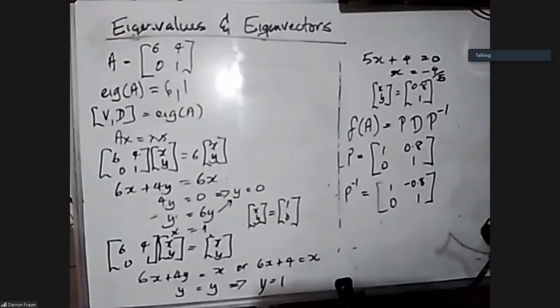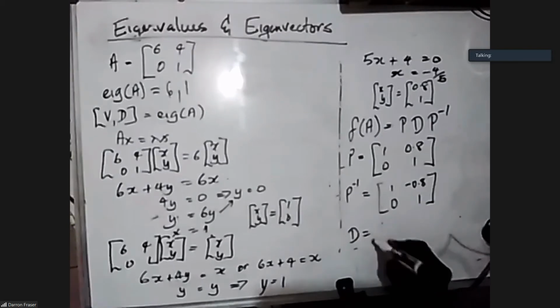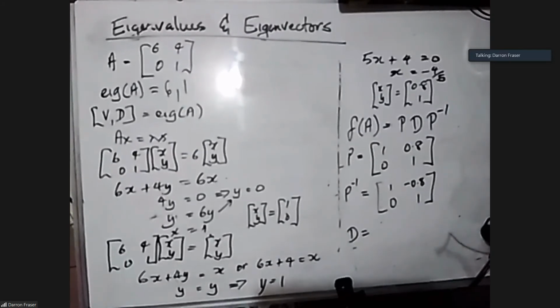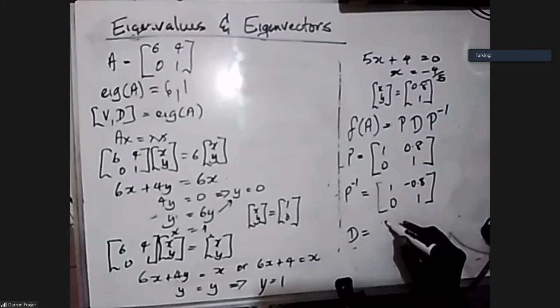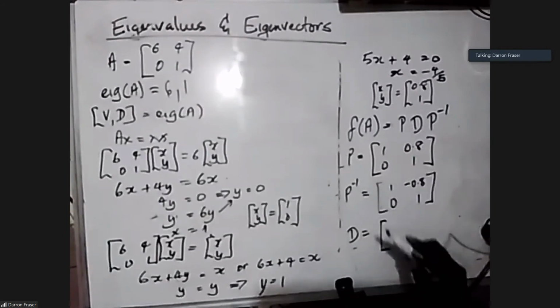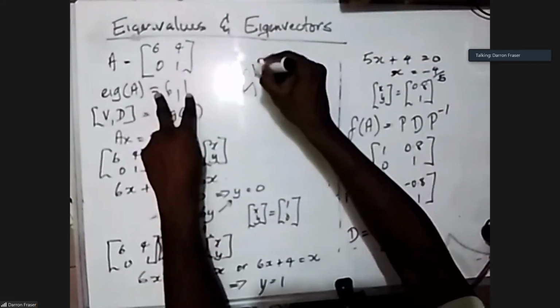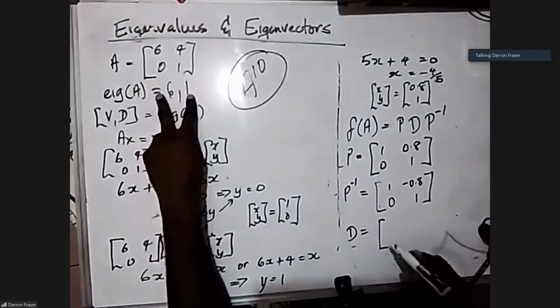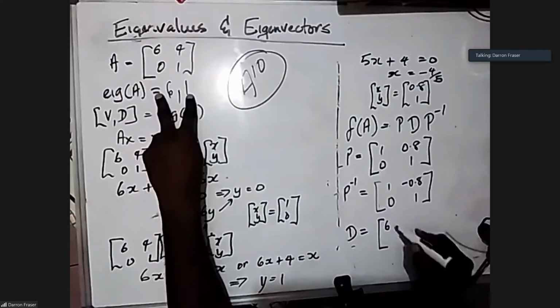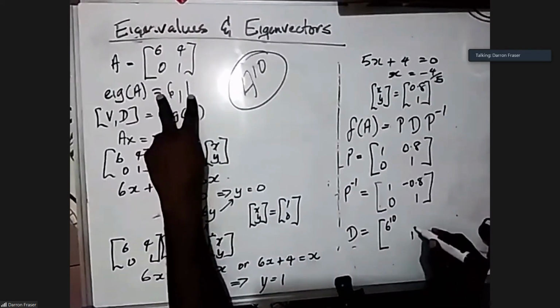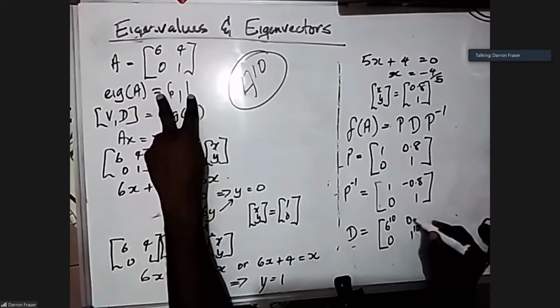Now, D. What is D? D is going to be the diagonal with the two eigenvalues. If you remember, we were to find A to the 10. So the diagonal that we're going to have is 6 to the 10, 1 to the 10, and just fill up the other spaces with 0.